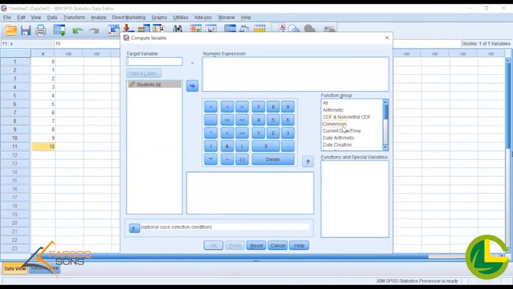They are asking you about CDF and PDF: central PDF, non-central PDF. Basically, we are using PDF, non-central, because binomial is not central. So I'm going to PDF, non-central PDF.